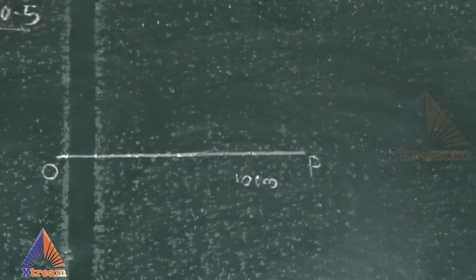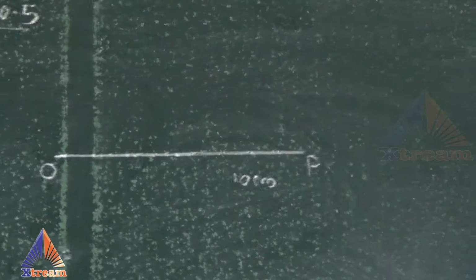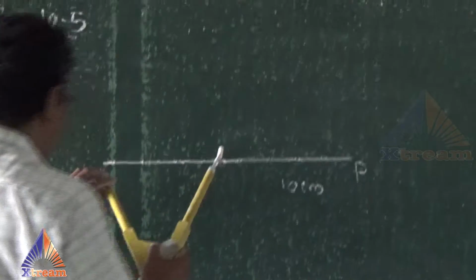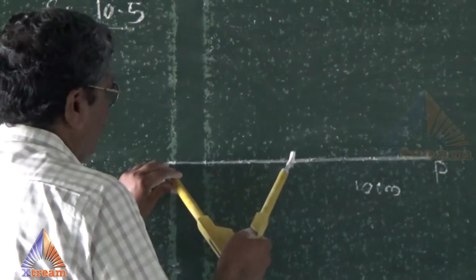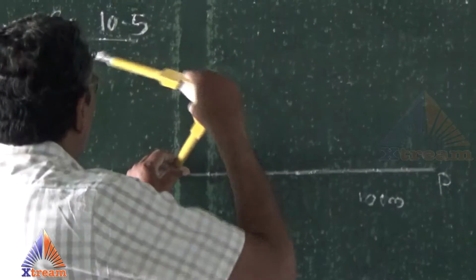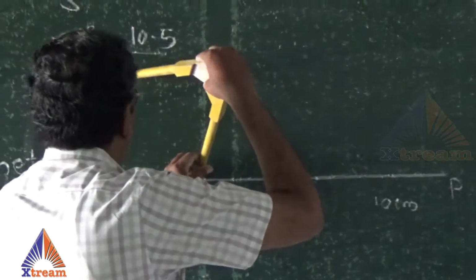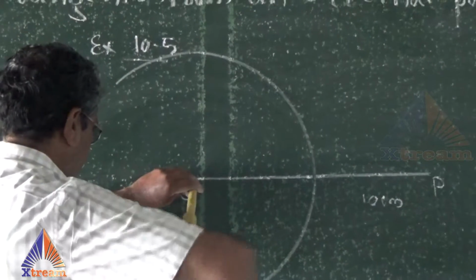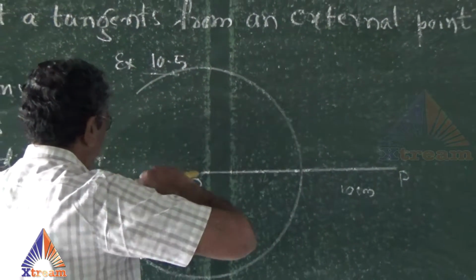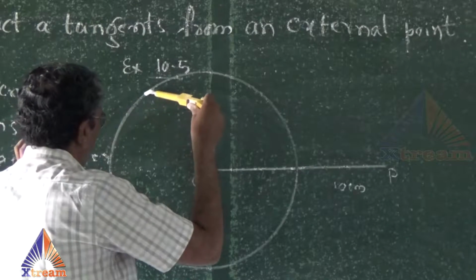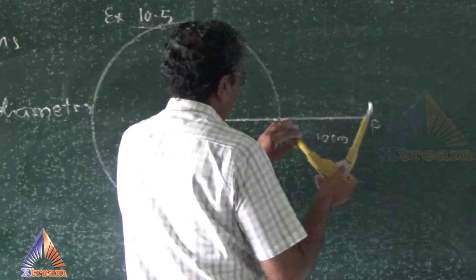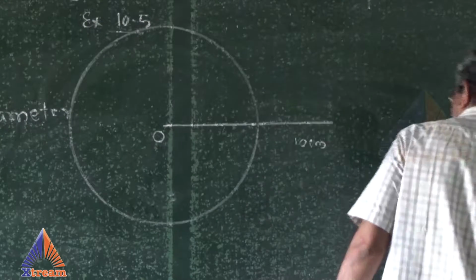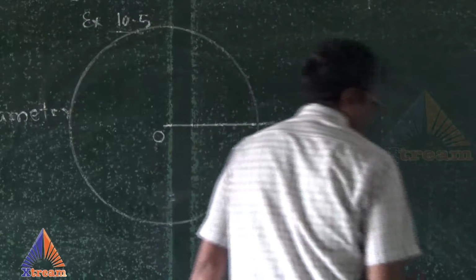Then take a radius, radius is equal to 6 centimeter.